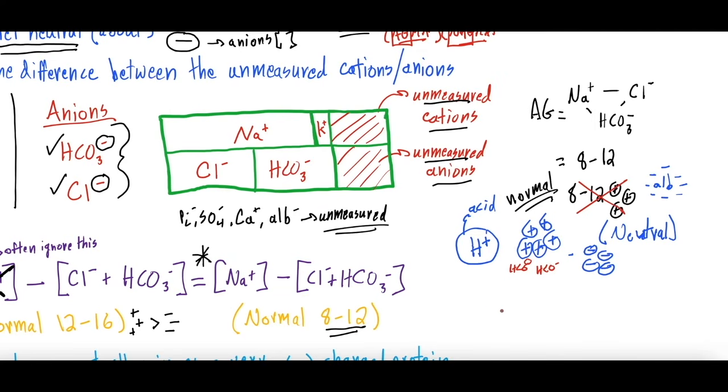If you have less bicarbonate in this equation, sodium minus chloride plus bicarbonate, your bicarbonate has gone down, so this is going to equal a higher anion gap. And that tells you something, whereas the body compensates for these changes to keep the blood net neutral.